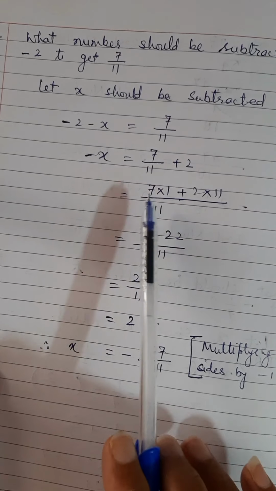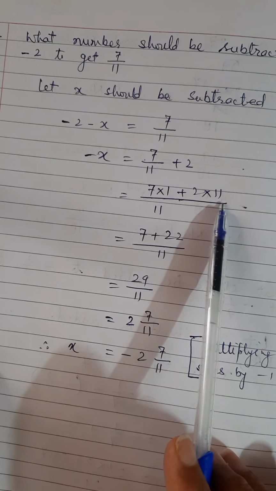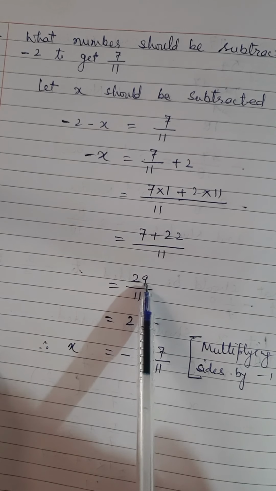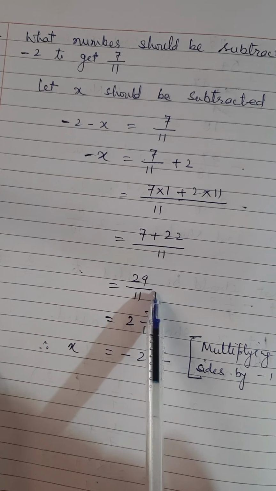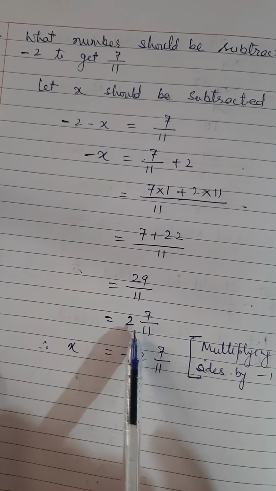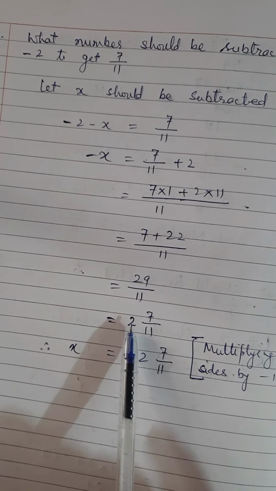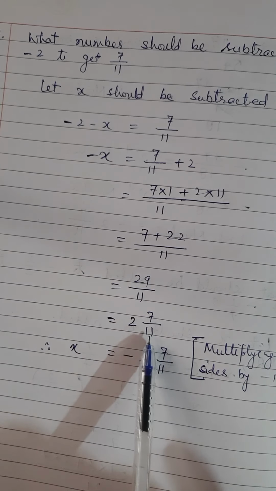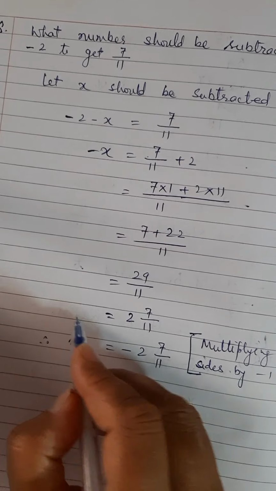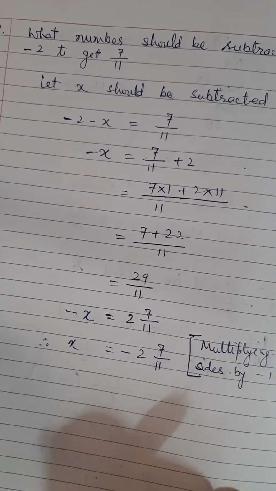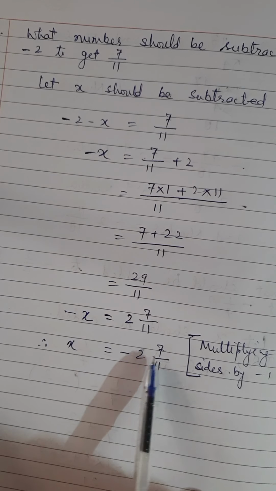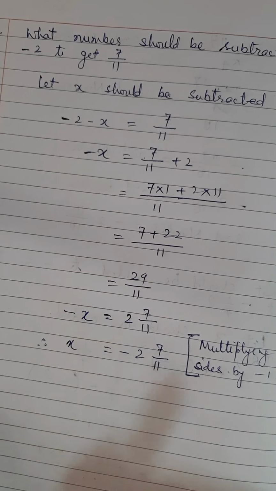Taking LCM, it becomes 7 into 1 plus 2 into 11. After simplifying, we get 7 plus 22, that is 29 over 11, and converting it into mixed fraction, minus x is equal to 2 whole 7 over 11. Now we have to multiply minus 1 both sides. So we get x is equal to minus 2 7 over 11, and this is our answer.